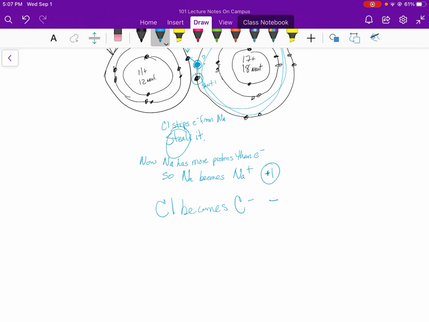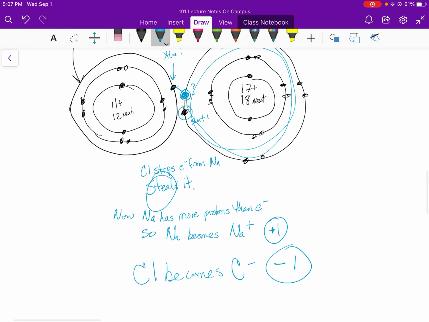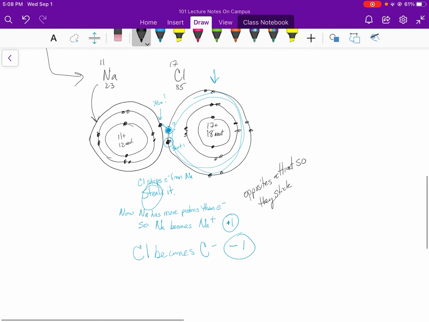Becomes chlorine negative, and it has a negative charge of 1. And as you have heard, opposites attract. So they stick together. And so the ionic bond is really just formed between a positive and a negative charge as a result of the theft of an electron. And that makes NaCl, which we know is table salt. There are other kinds of salts that do this kind of thing, but table salt is famous because, of course, it dissolves in the water when you put it in there.